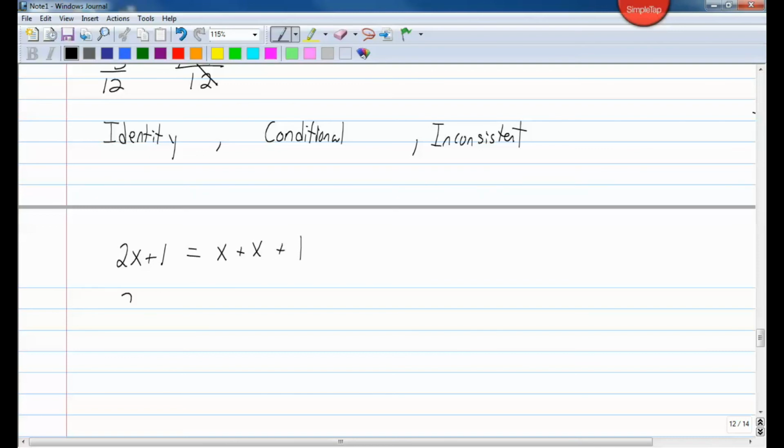That's because you could simplify the right side of the equation and say x plus x is 2x. And so if you have the same thing on both sides of the equation, then that's going to be an identity. Okay? So if you can plug in any number into an equation for every x, and you always get the same thing on both sides, that's called an identity.